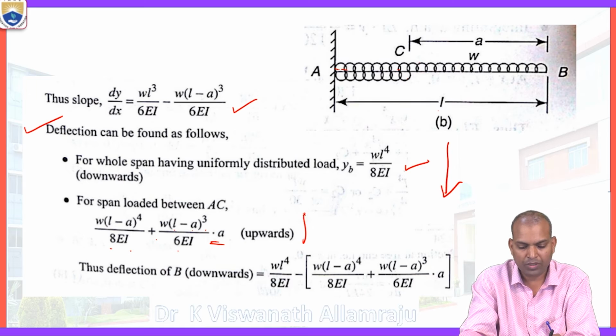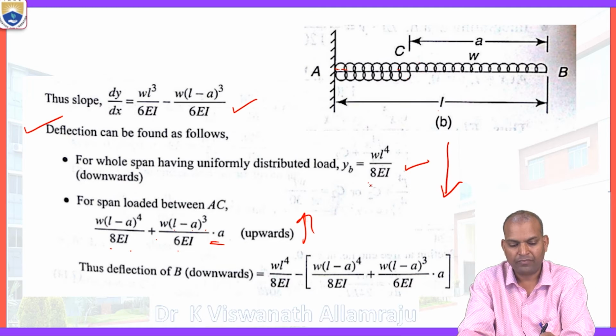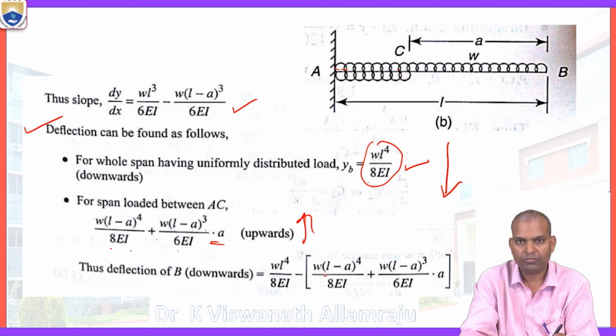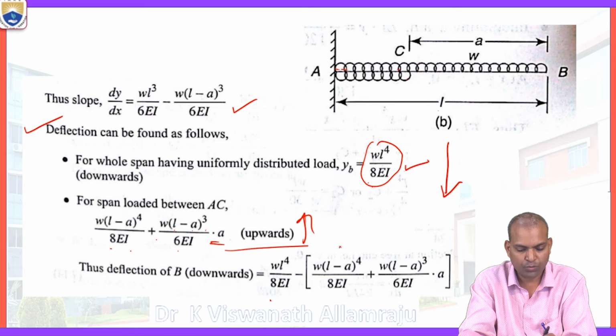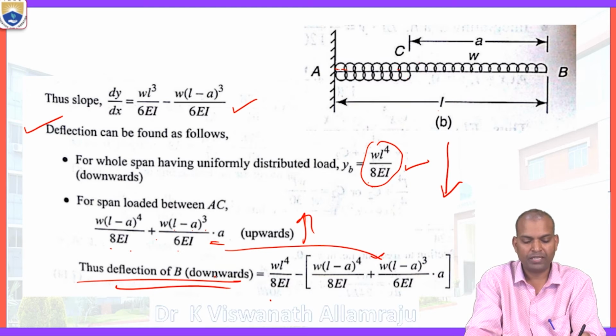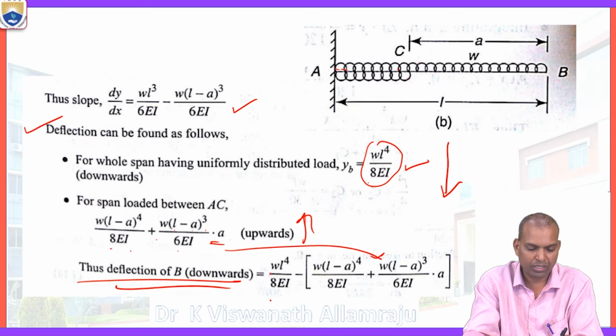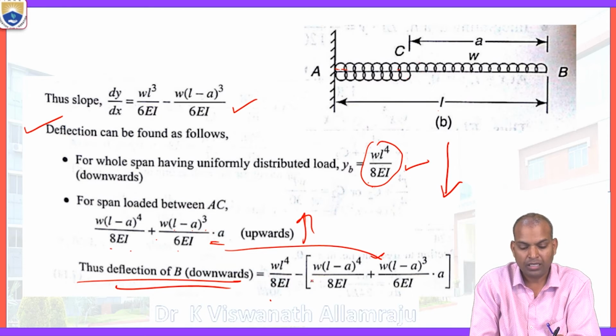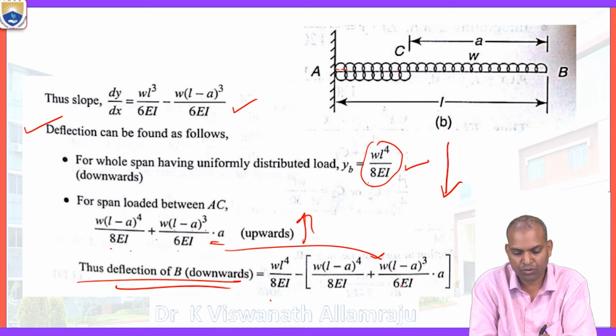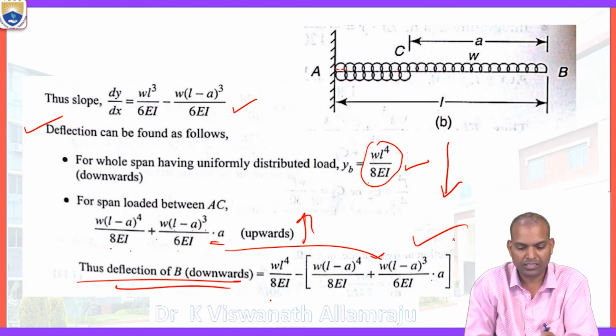Subtract this upward portion from y_B, and we get the downward deflection at B. That is WL power 4 by 8EI minus W times (L minus a) power 4 by 8EI plus W times (L minus a) whole cube by 6EI times a. This is the equation.